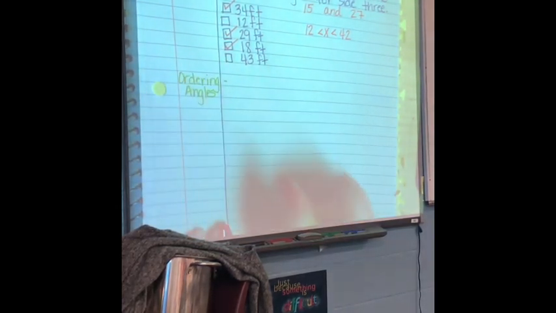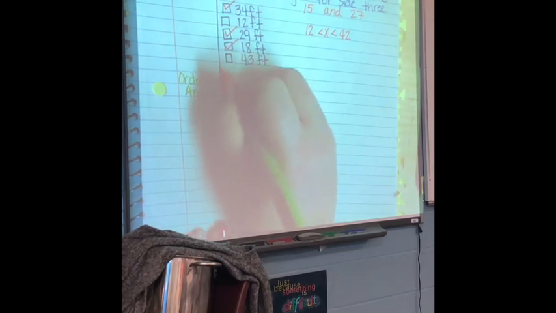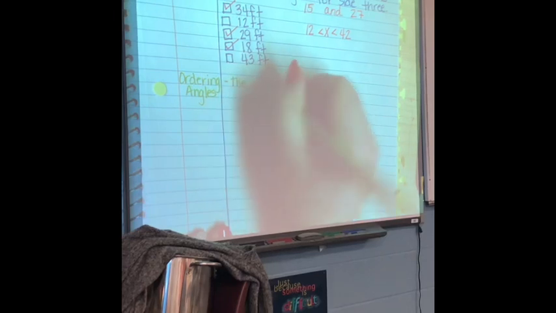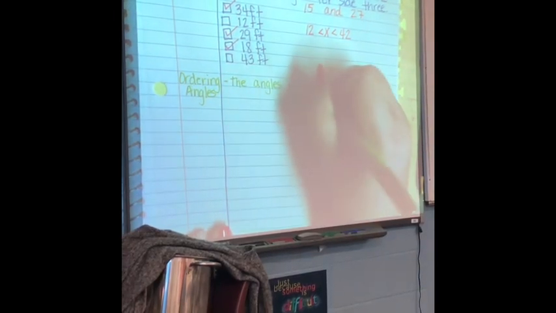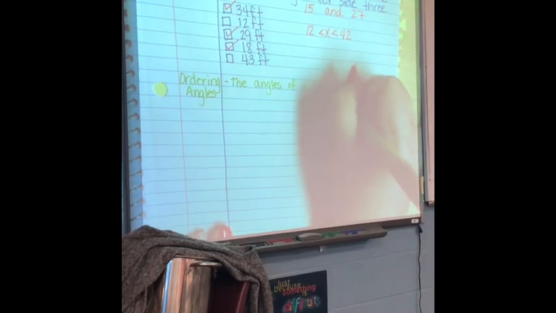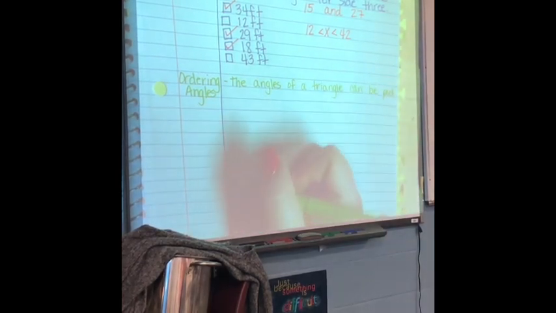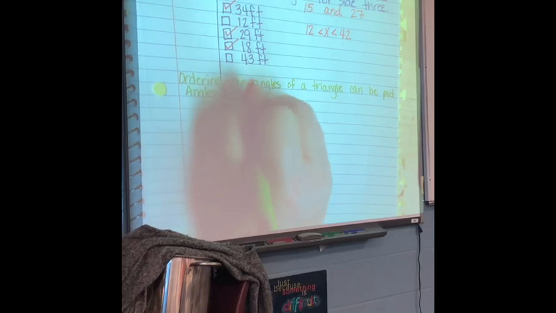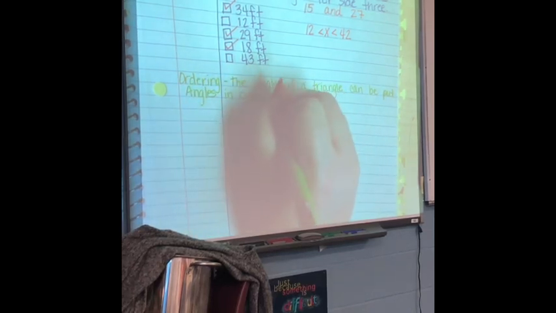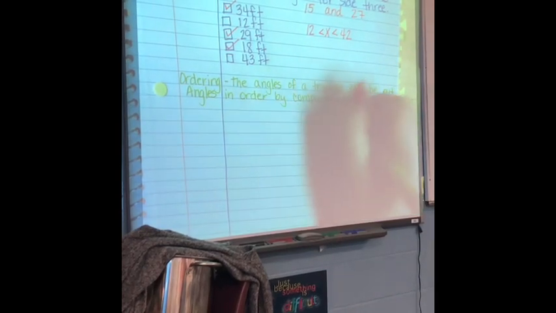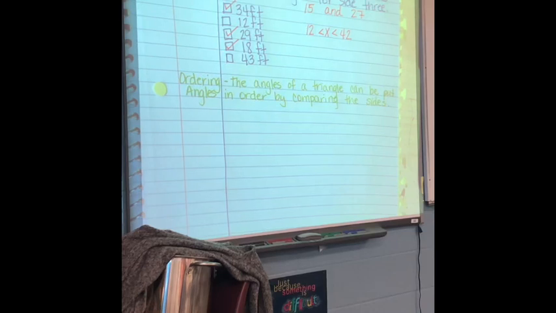All right, so ordering angles. The angles of a triangle can be put in order by comparing the side measures. Compare the sides.